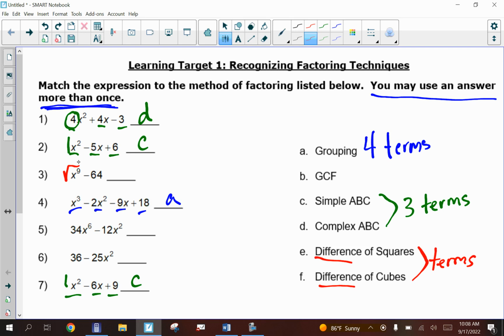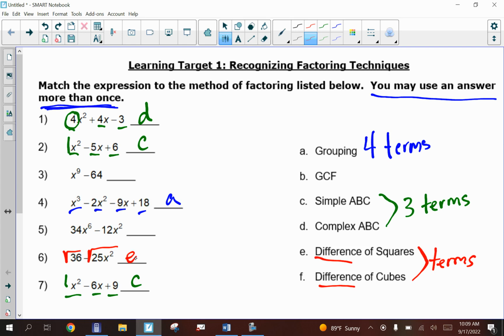The problem is x to the 9th cannot be square rooted, so that's not going to be the squares problem. If I move on to number 5, I try to square root the 34. If you type that in the calculator, it gives you square root 34, which means it's a decimal, so that's not it either. You square root 36, that's 6. Square root of 25 is 5, and then the square root of x squared is just x. So that is going to be a difference of squares.